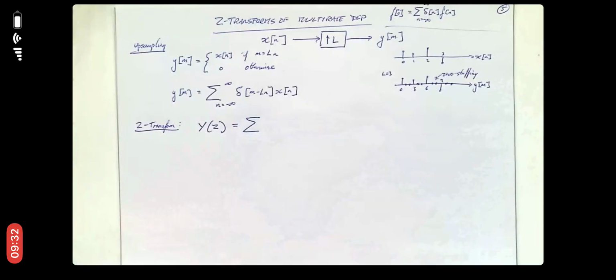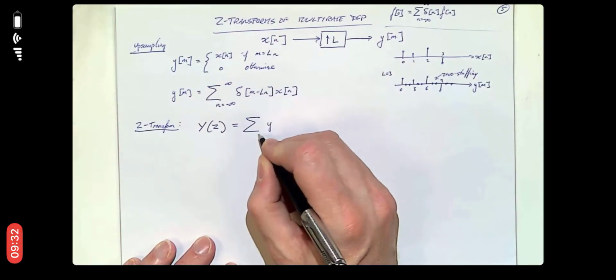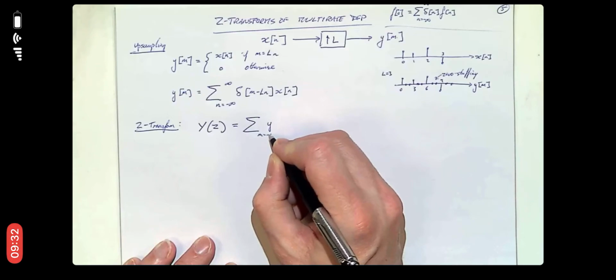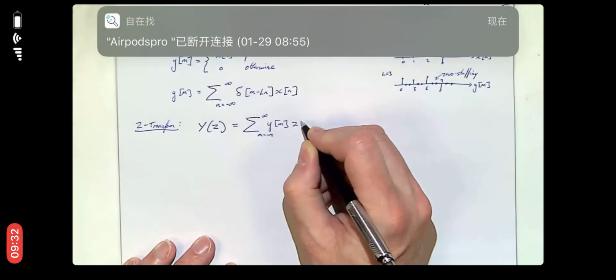What is the Z transform formula? Anyone remember this one? Yeah, it's the sum over m from minus infinity to infinity of y of m, z to the minus m.